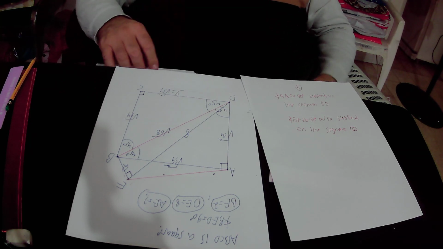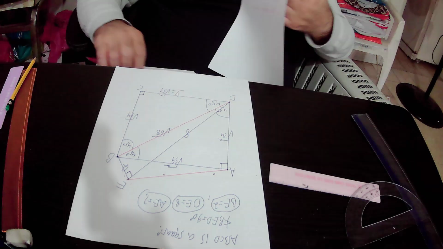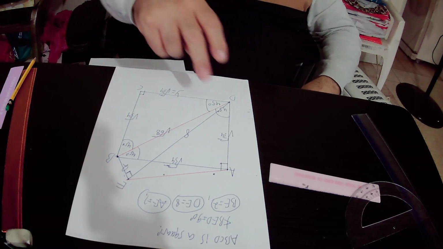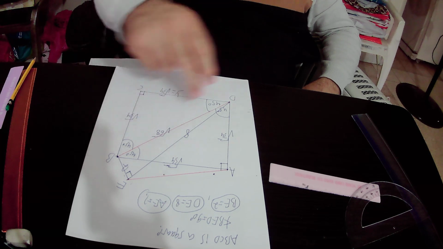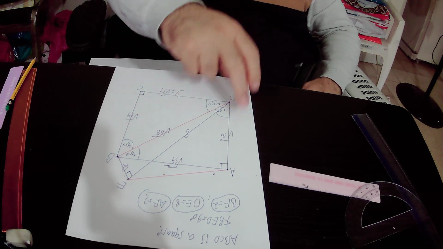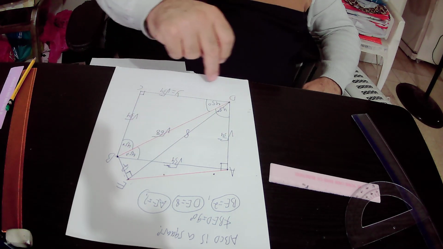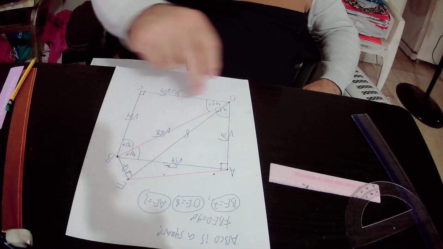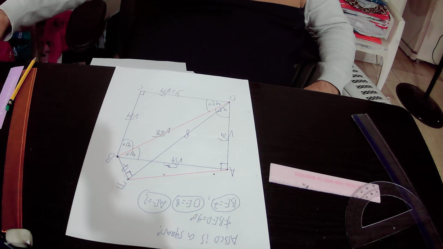Therefore, according to rule number 2, the quadrilateral AEBD is inscribed by a circle, and the 4 points A, E, B, and D lie on that circle.